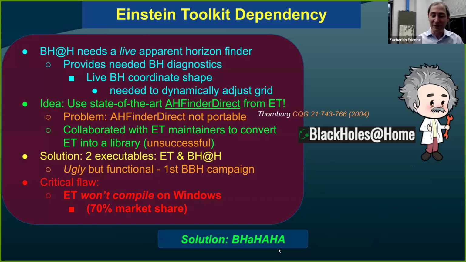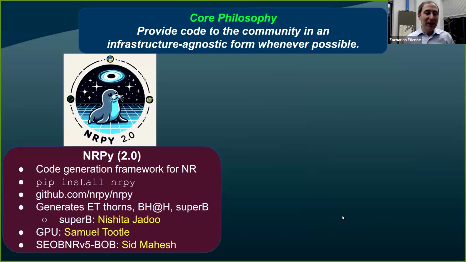I was so happy that it existed because it taught me all I know about how apparent horizon finders work, and it gave me a lot of ideas. So these ideas culminated in the creation of the Black Holes at Home Apparent Horizon Algorithm, or BAHA for short.